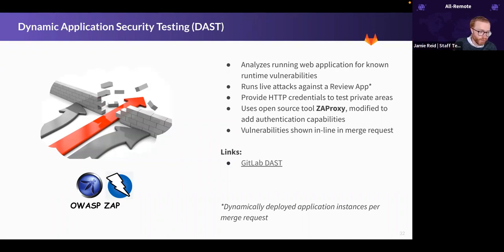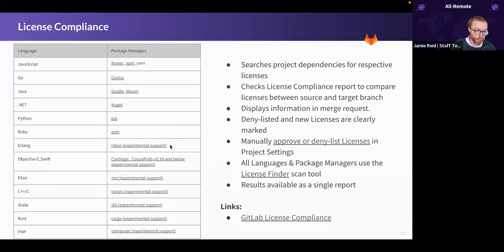Out of scope for today's conversation, I'll say. You can optionally provide HTTP credentials to test private areas of your application. So that's something that we've added on top of or around the Zed Attack Proxy. Likewise, with every other type of scanner, these vulnerabilities can also be shown inline as part of a merge request widget. So they're presented to the developer where they're working.